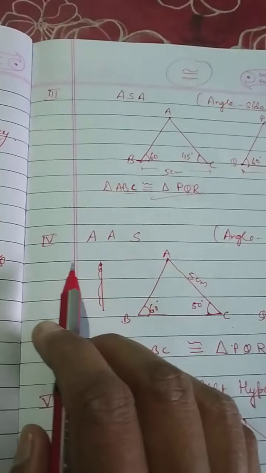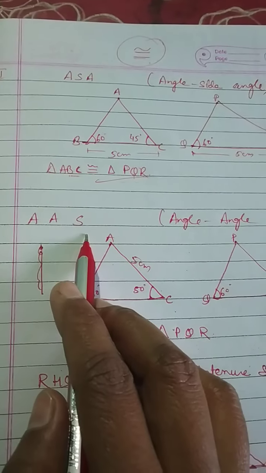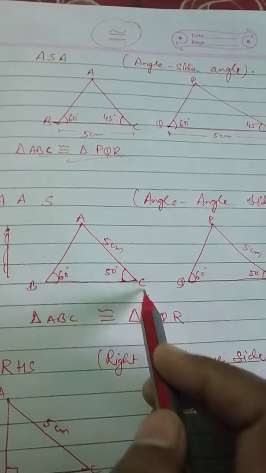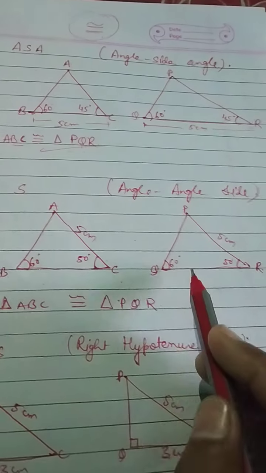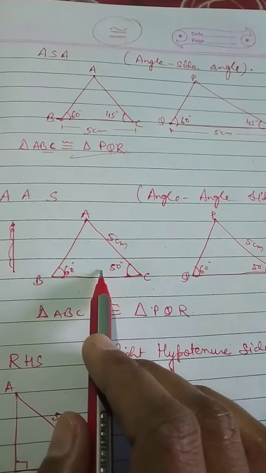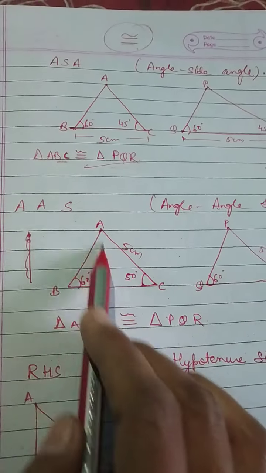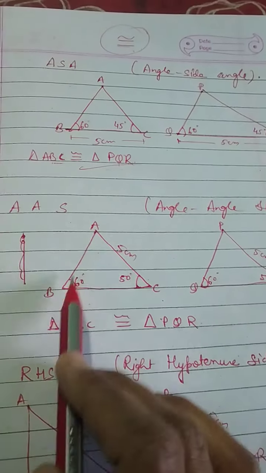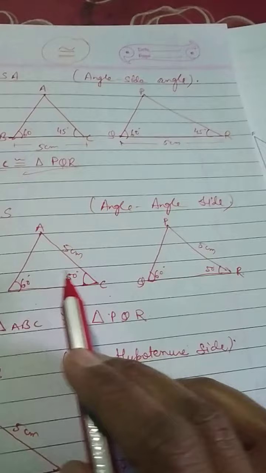Got it? Now the next condition is angle angle side. Angle angle side means two angles and then one side. This angle is equal to this angle, and this side is equal to this side. Okay? In angle angle side, the side should come after two angles. So both are congruent.